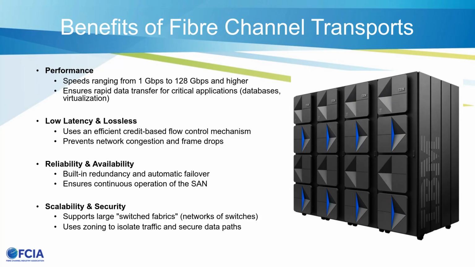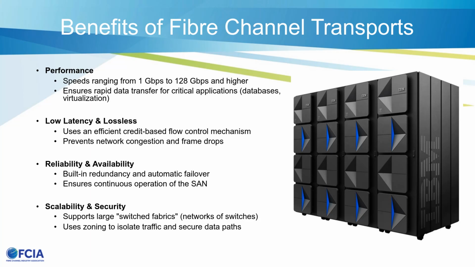The last bullet on the slide is that it does use zoning to isolate traffic and secure data paths. Zoning is a mechanism that allows predefined grouping of devices, so that only those predefined and pre-authorized groups of devices are allowed to communicate. This is all programmed into hardware, such that there cannot be any devices communicating that have not been pre-authorized.